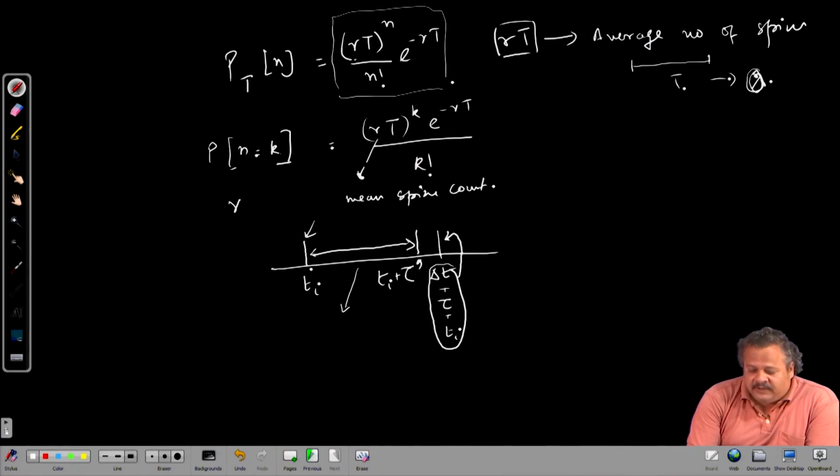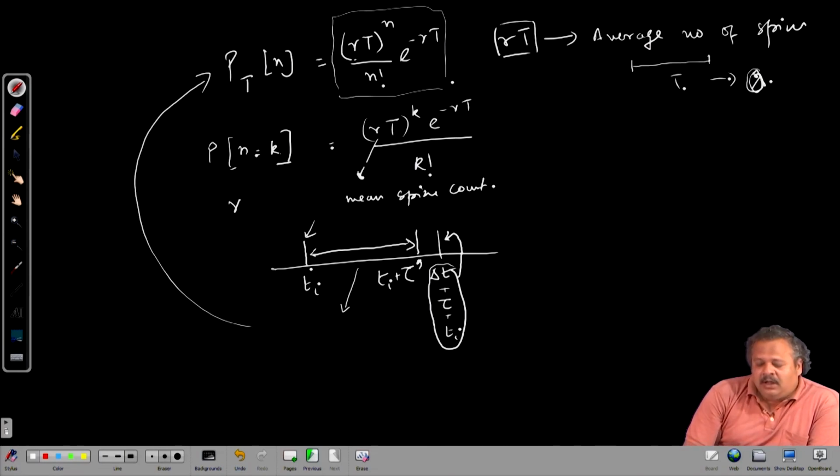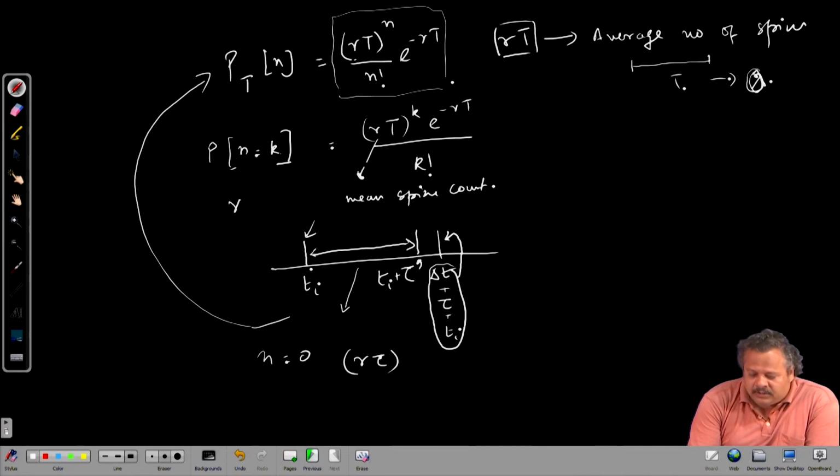The probability of that, from above for a Poisson distribution with n equals 0 and capital T equals tau, if the rate is r, is (r tau) to the power 0 times e to the power minus r tau divided by 0 factorial, which is 1, and that turns out to be simply e to the power minus r tau.